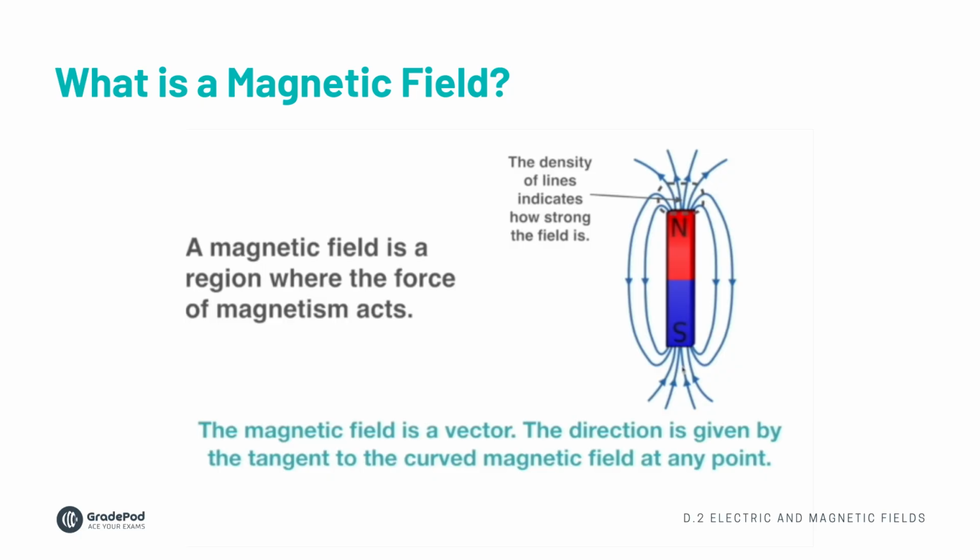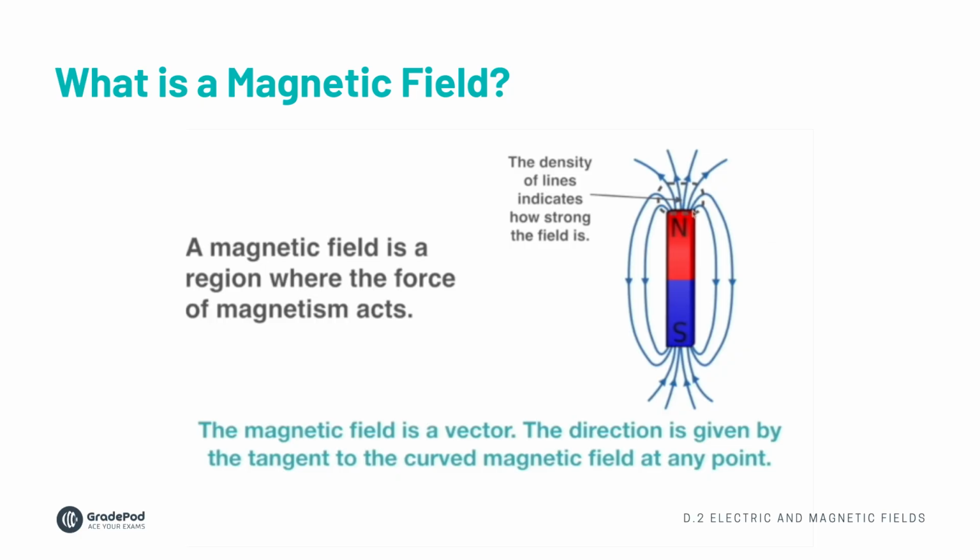These magnetic field lines show the direction of the field at any point, and they also show us how strong the magnetic field is. If the magnetic field lines are very close together, it's a strong magnetic field. And if we go to the side of the bar magnet here, if they're very far apart, then it's a weak magnetic field. These magnetic field lines should never touch.